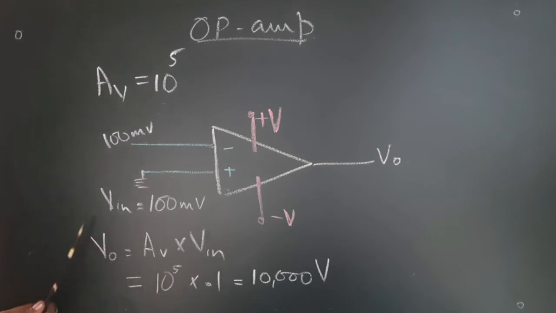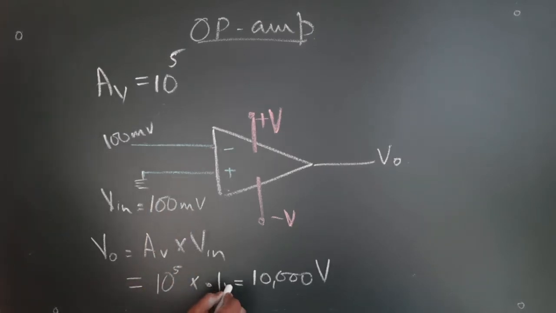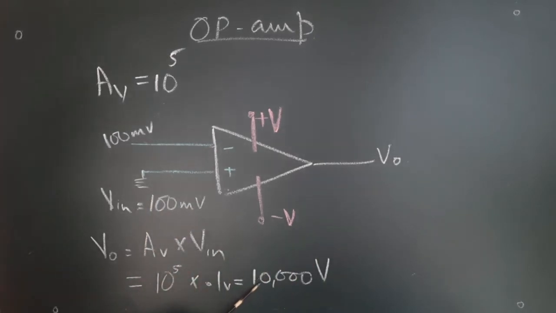We know AV is V out by V in, so V out is equal to AV into V in. AV is 10 raised to 5 and V in I have taken as 100 millivolt or 0.1 volt. So, my output voltage would be 10,000 volt. This is a very high order of amplification.